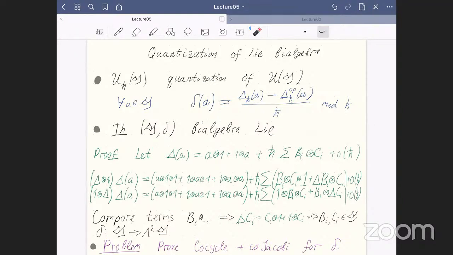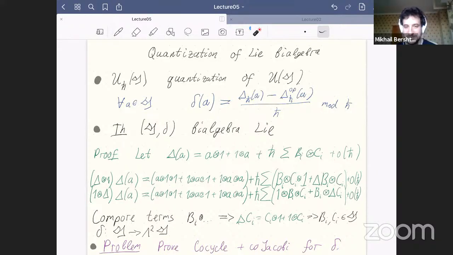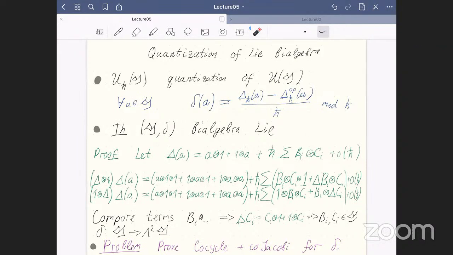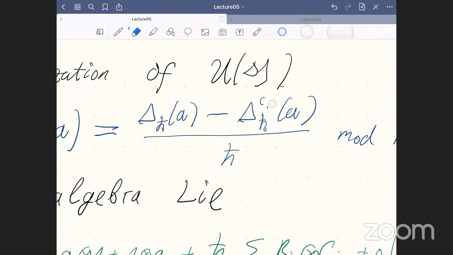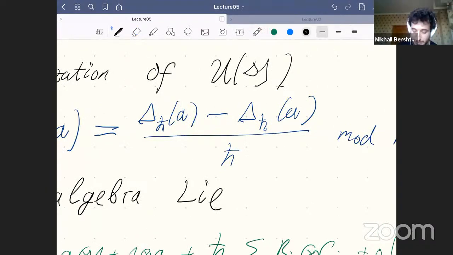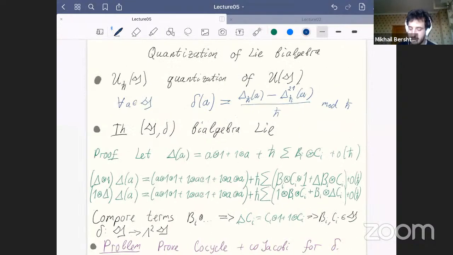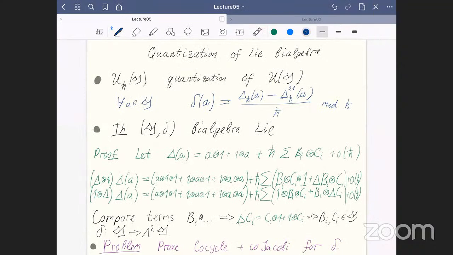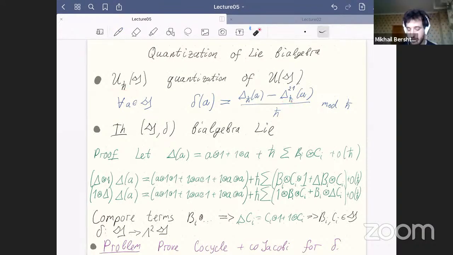Sorry, and what is delta opposite? We just permute the factors. Permutation, okay. And the h we write near delta means the coproduct in U_h.